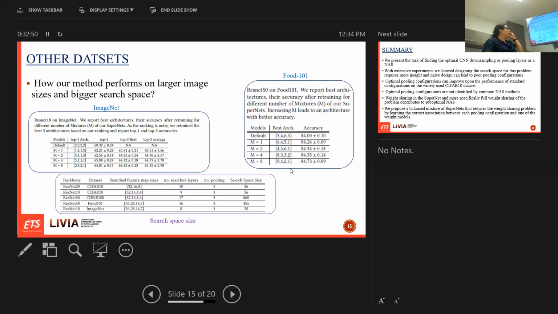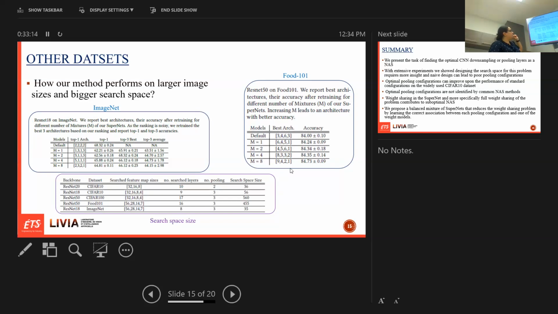We also wanted to see how it would work if we have larger images, because CIFAR datasets are 32 by 32, so they're small. And also, we only had a limited search space. So what we did, we tested on ImageNet and Food 101.